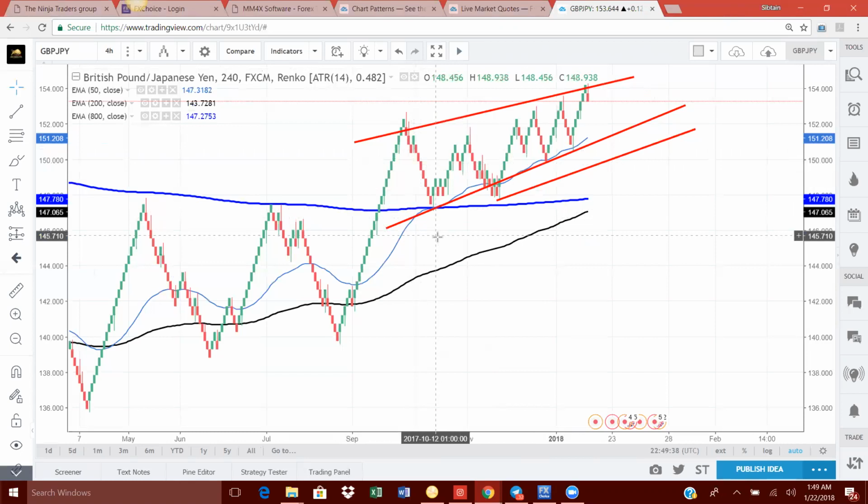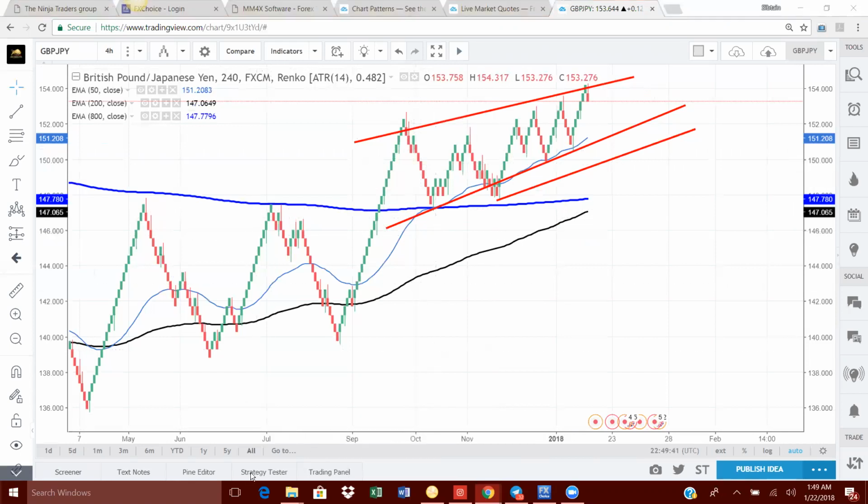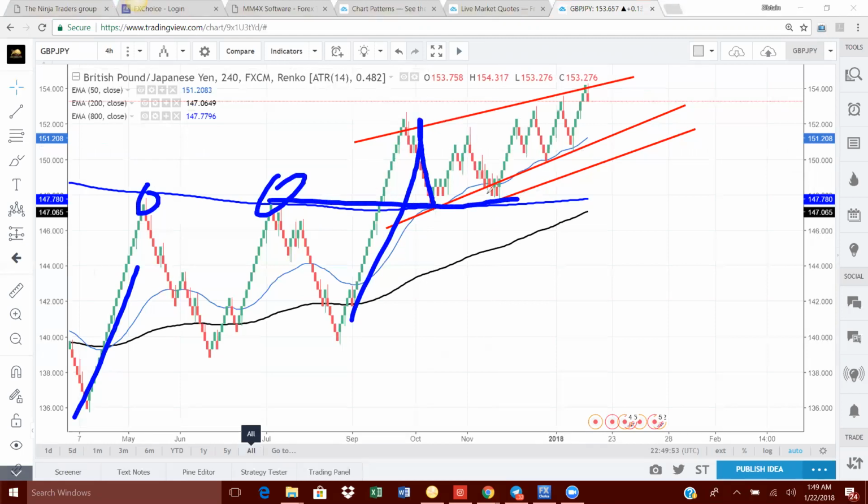So if you have mastered one, that's good, because here also on the 4-hour on GBP JPY, this was a resistance, and the price broke it, you see, came back to the support, so it made a support. This was a resistance, right? So this is a support, this is a support, and now this is a support.